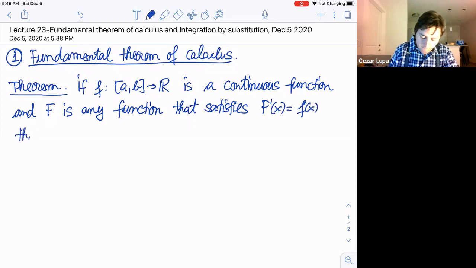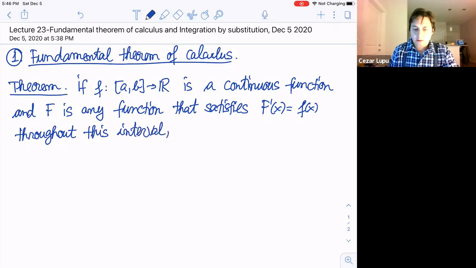Throughout this interval, then we say that the following formula holds true.